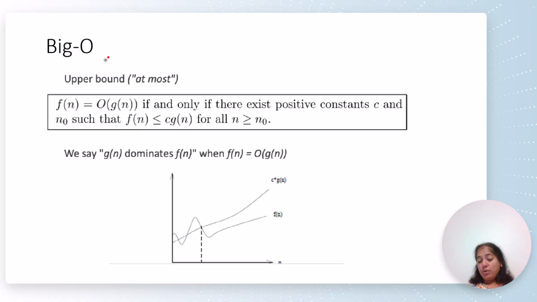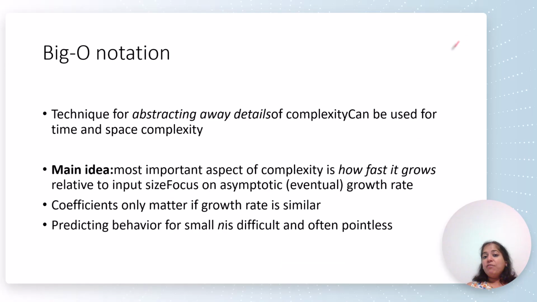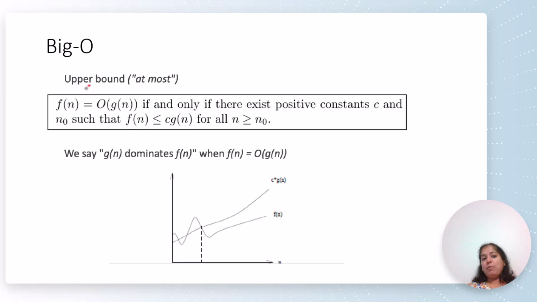Big O notation, always remember, works for the upper bound. That means the maximum, right? How far your complexity or runtime of the algorithm can go for the input size n. This shows you the upper bound.